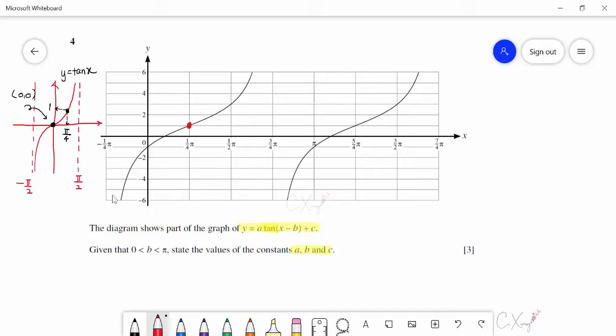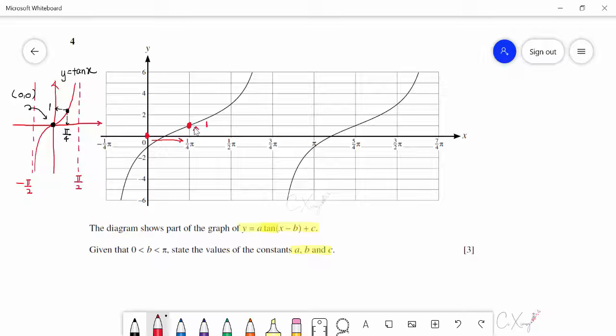You can see that the original graph is at (0, 0), and it has been moved to this point. You can see a very clear translation in the x direction of pi over 4, and in the y direction, for positive 1 unit.